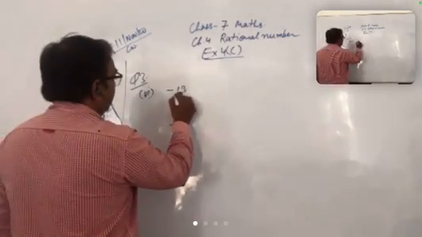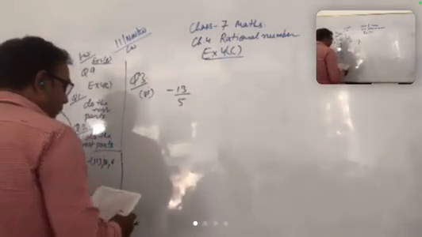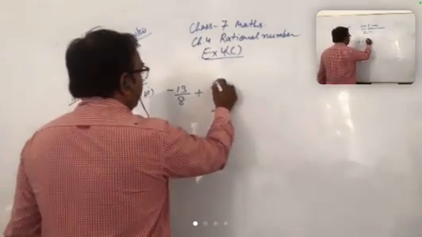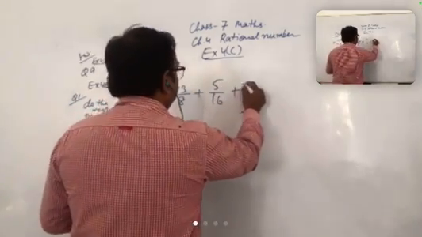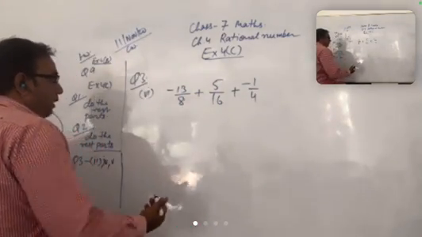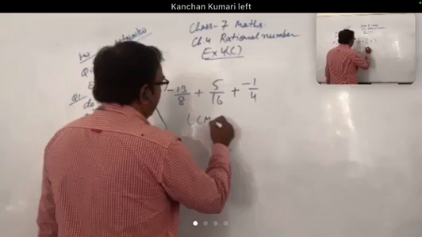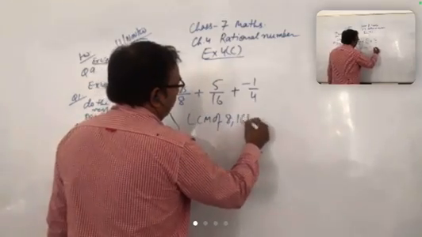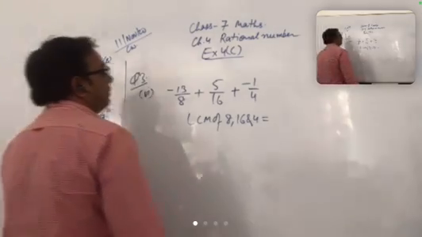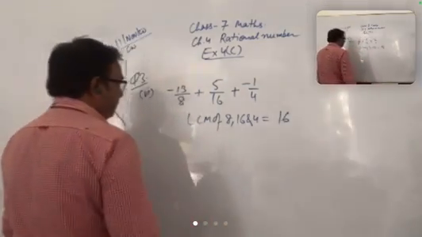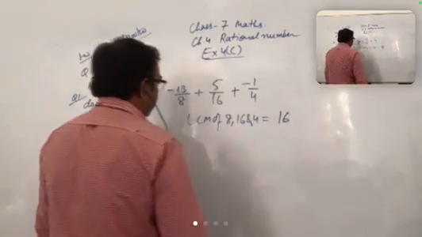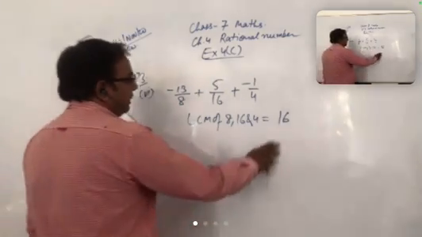The question is minus 13 upon 8 plus 5 upon 16 plus minus 1 upon 4. So we have to take out the LCM of 8, 16 and 4. Tell me the LCM. So the LCM is 16.